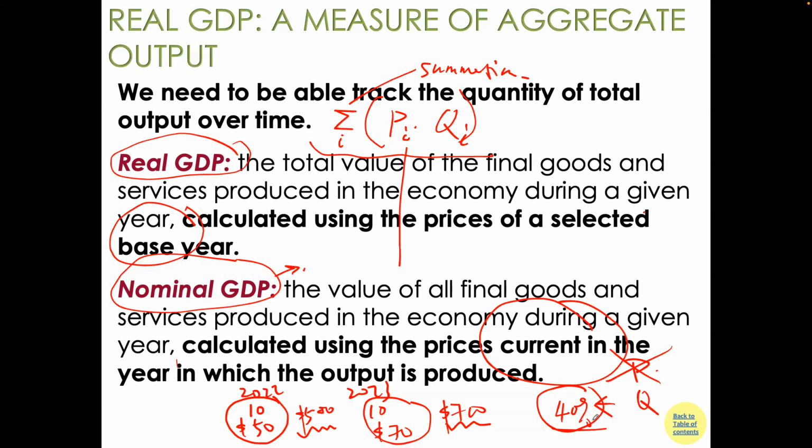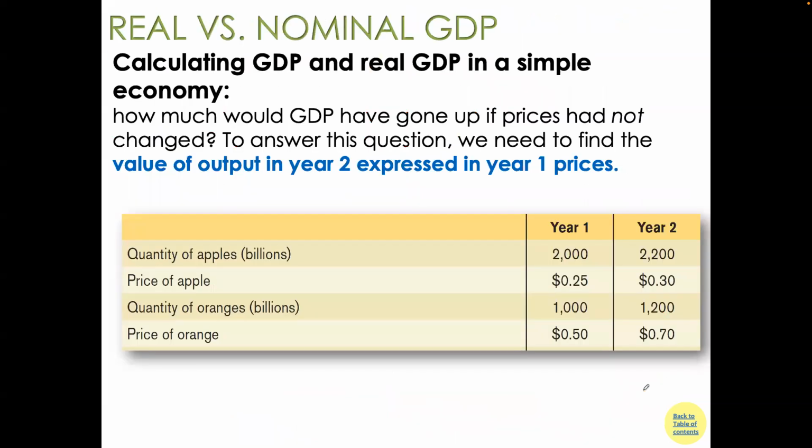So that we have a clean idea of how your actual output changed, or how your real income changed. That's what we call real GDP. All right? Now let's look at examples to further consolidate how we calculate real GDP versus nominal GDP.